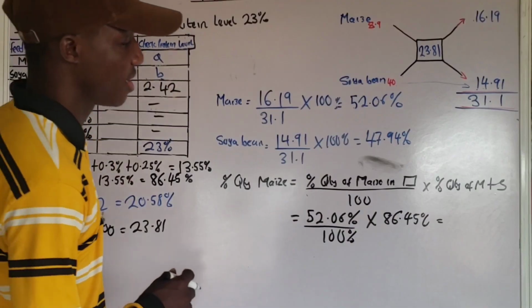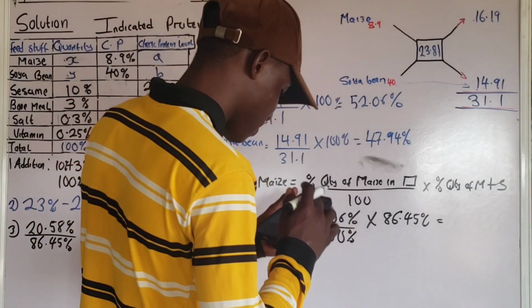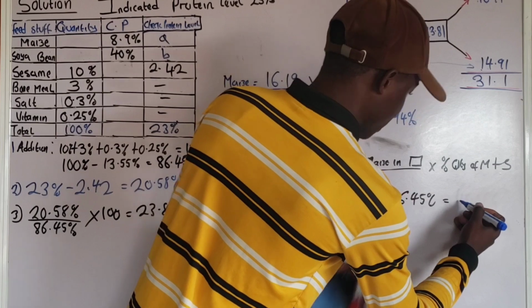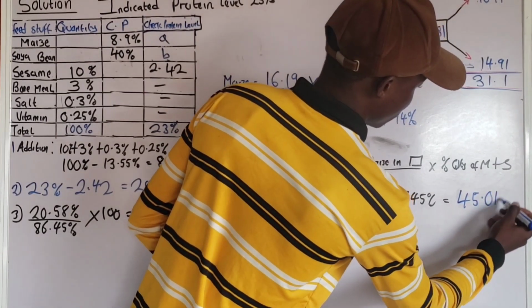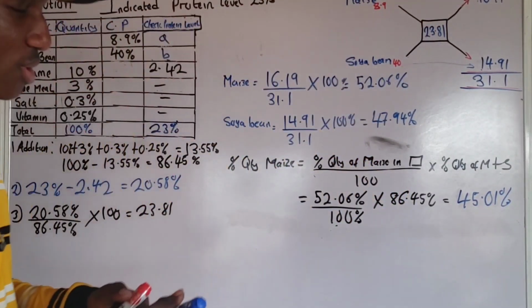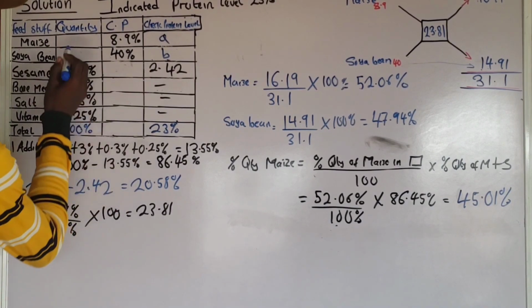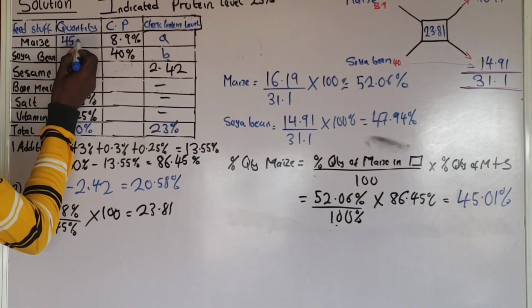If you take the product, you're going to have 45.01%. So that is the value for the percentage quantity of maize. So I'm going to replace this place by 45.01.